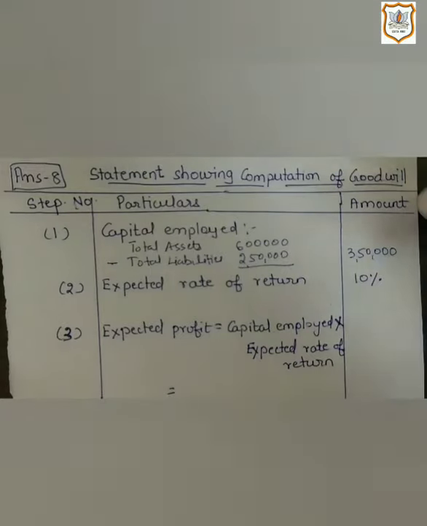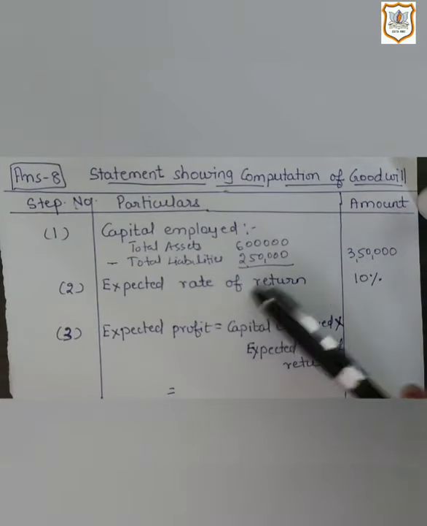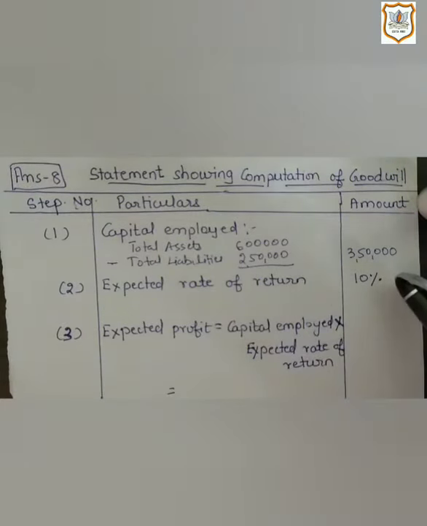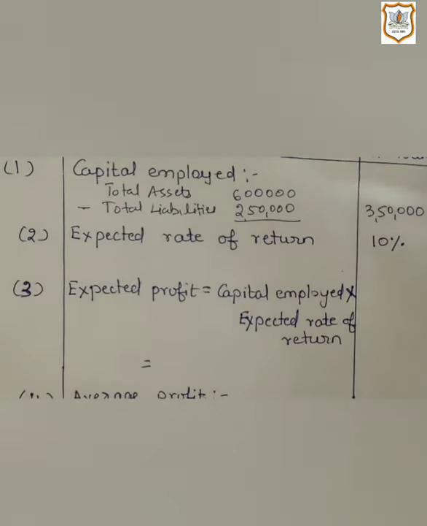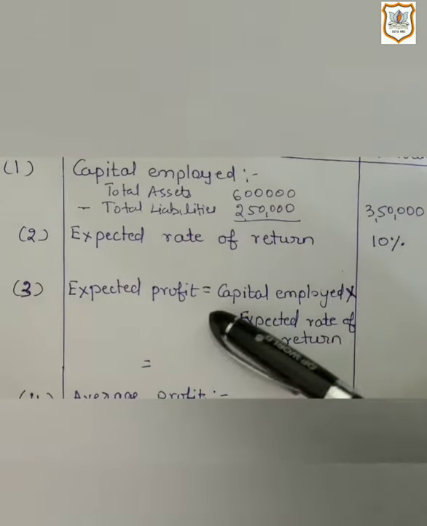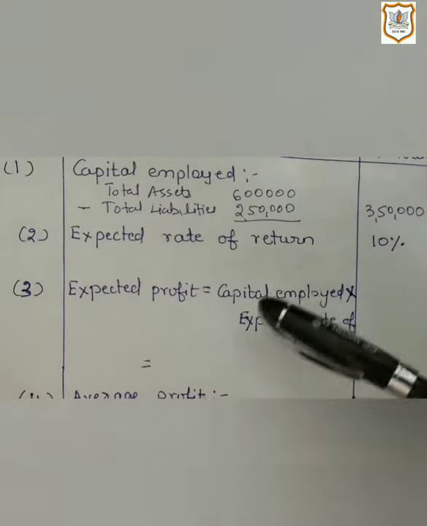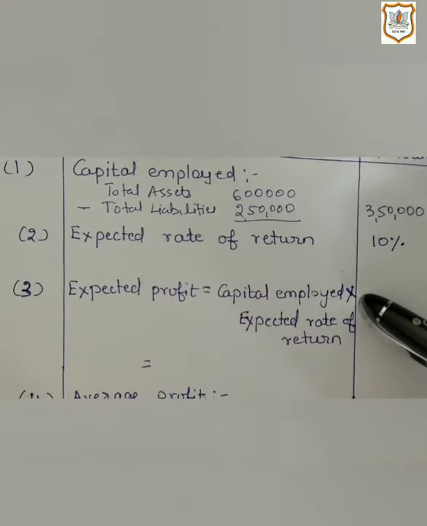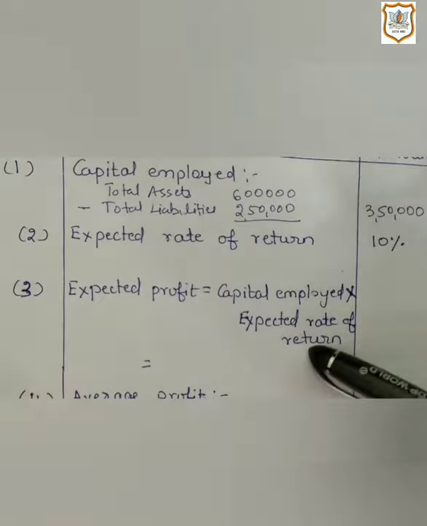Now in the second step, we will write expected rate of return, which is 10%, which is given in the question. Here expected rate of return means how much you expect to earn if you invest the capital in the new business in the same industry. And now as we have information about capital employed and expected rate of return, so we can easily find out expected profit, which is equal to capital employed multiplied by expected rate of return.